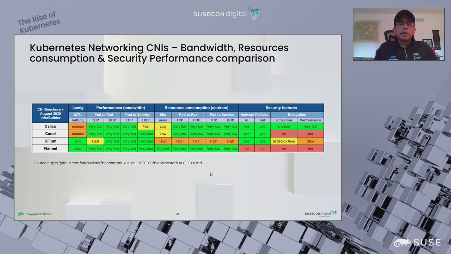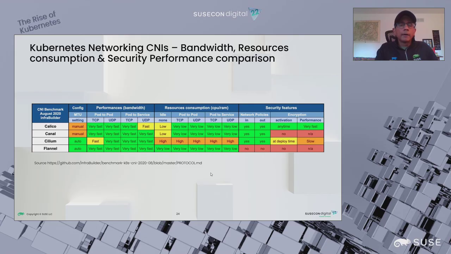Another factor to compare these CNIs would be to look at how much bandwidth they use, what amount of resources they are consuming, and also some performance. The information displayed here is from a source on GitHub, so you could take those benchmarks and run them in your environment to see how they fare in your own.